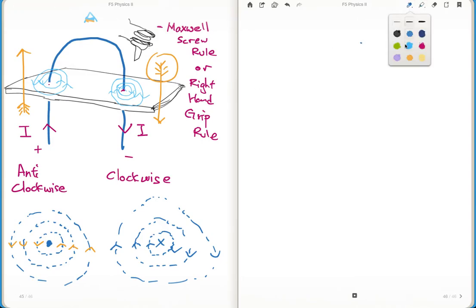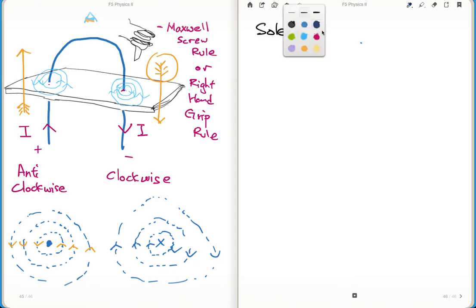The next thing you need to learn, or you should know by now, would be called the solenoid. Okay, solenoid. What's a solenoid?